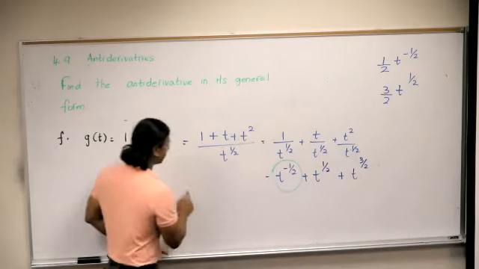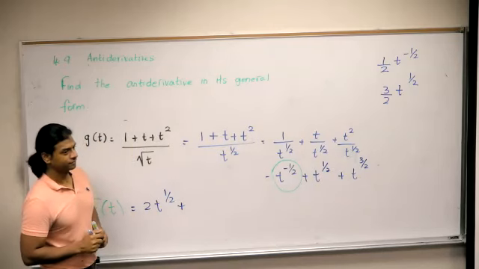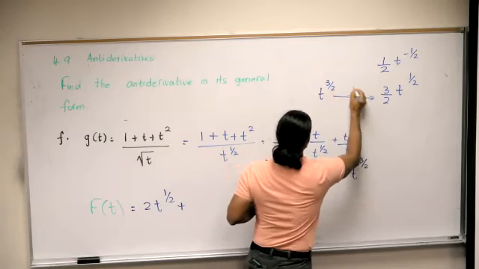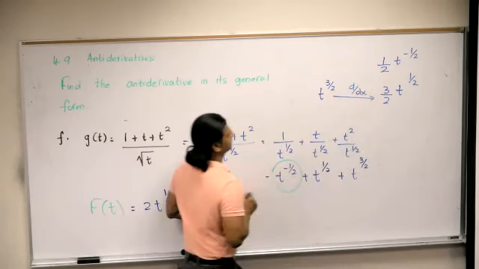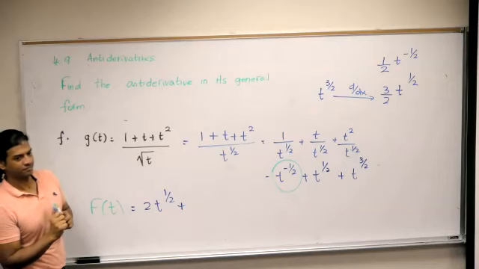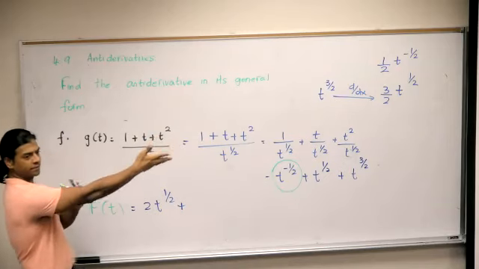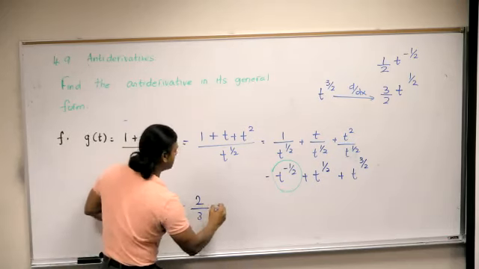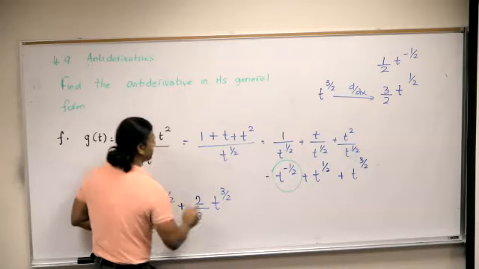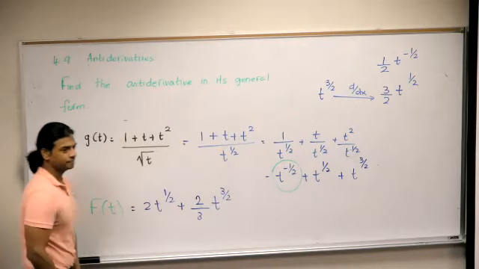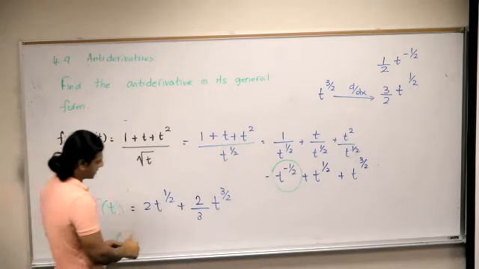What should I do? Multiply by 2/3, right? So if I wrote it as 2/3 times t raised to 3/2, when I take its derivative, I'm going to get that. Good.